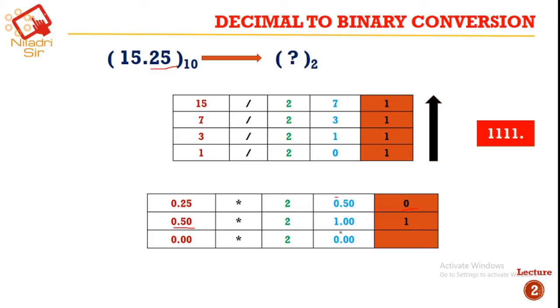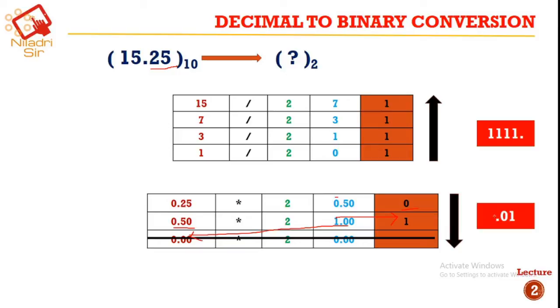Multiply by 2, 1.00. This 1 will go here. Next, 0.00 will come here. 0.00 into 2 will again be 0.00, so this step will be discarded. The answer will be from the upper side, so 0.01. So the final answer will be 1111.01.